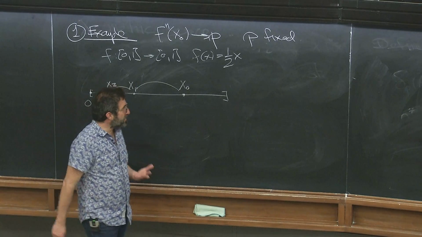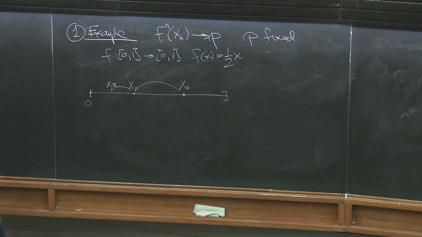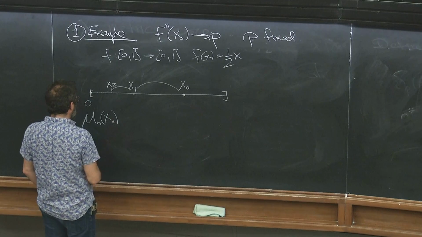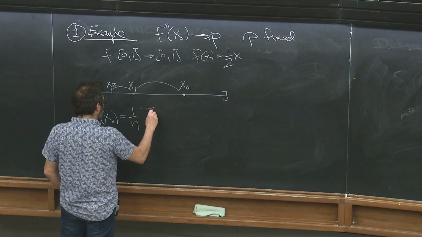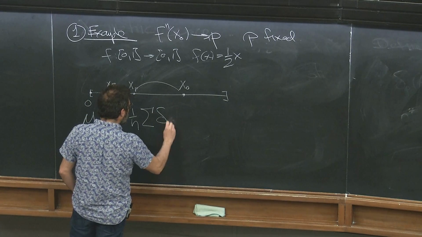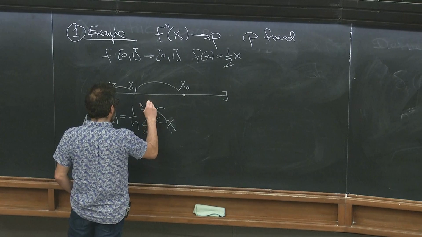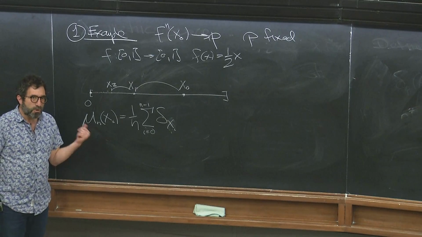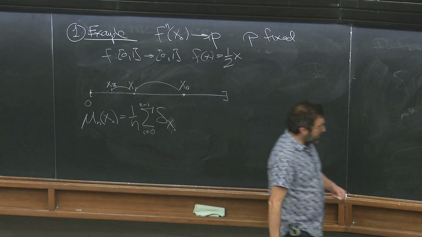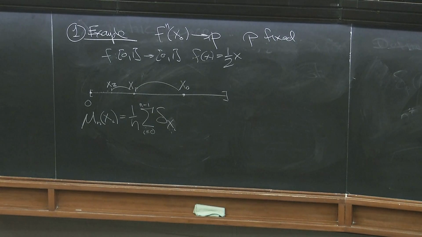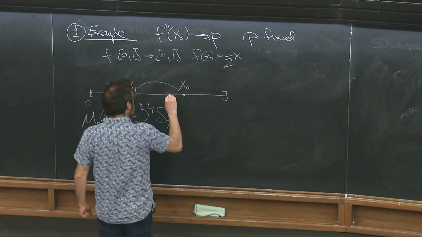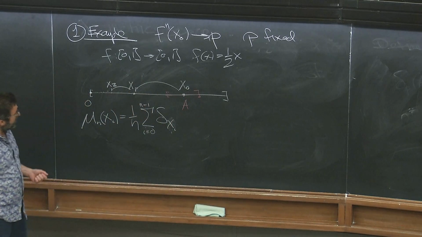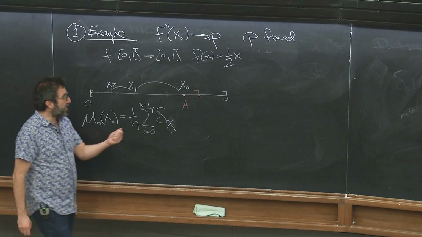Let's think intuitively about what is happening to this family of measures, mu_n of x0. Remember, this is 1/n times the sum of delta at x_i. So what is the measure of various sets here? Suppose I take an interval A. Then this interval A only contains the point x0.